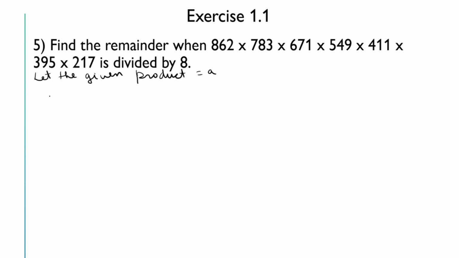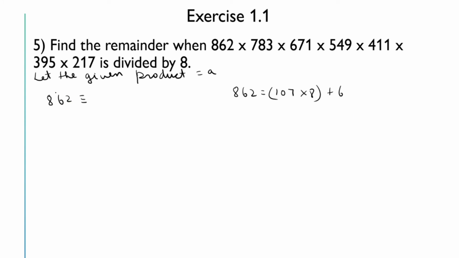So we have 862. When we divide 862 by 8, we get the quotient as 107 and the remainder as 6. So 862 is equal to 107 into 8 plus 6.